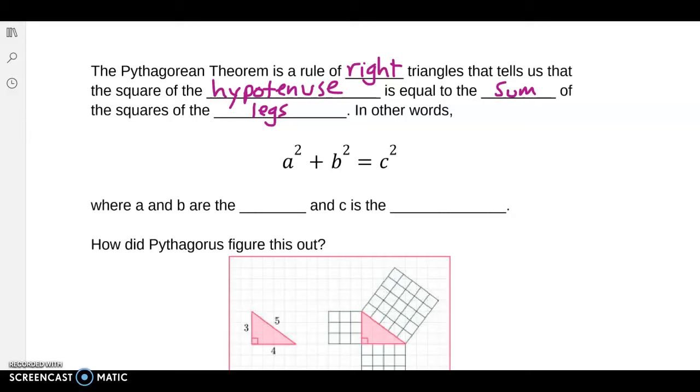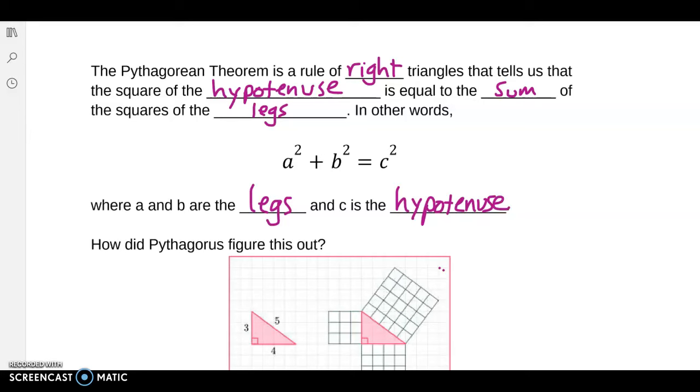And there it is. Most of you remembered a squared plus b squared equals c squared, where a and b are the legs and c is the hypotenuse.